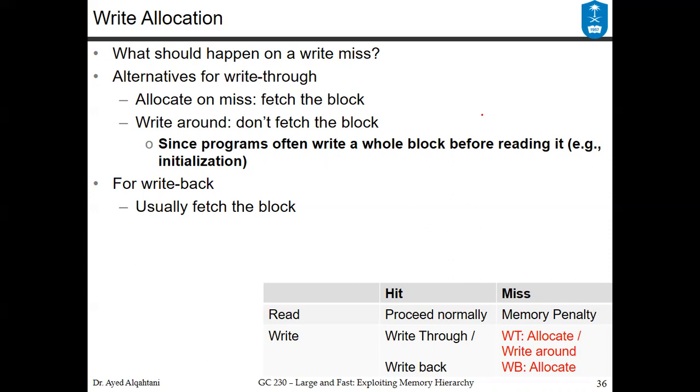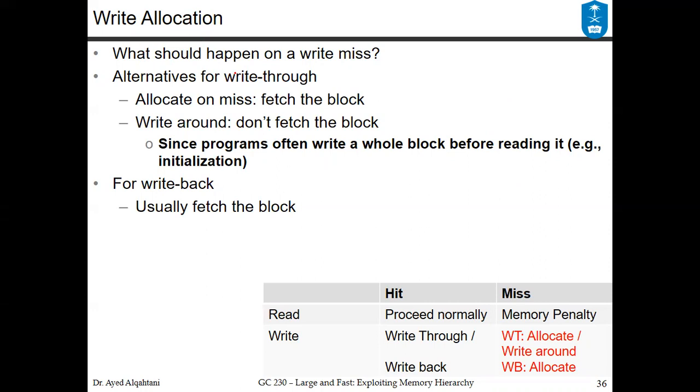So at this point, you need to go to the main memory. But the question is, should you bring the data from the main memory to the cache, and what should you do? So we have what we call write allocation. You usually either are allocating or not allocating.